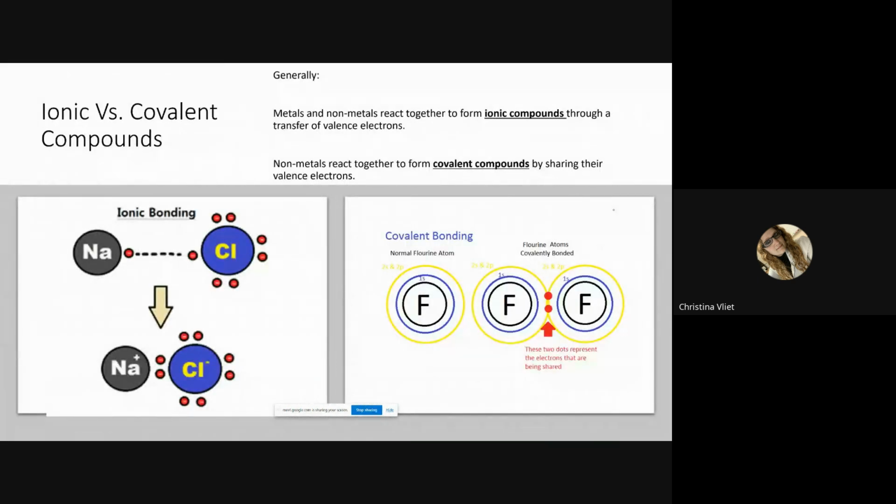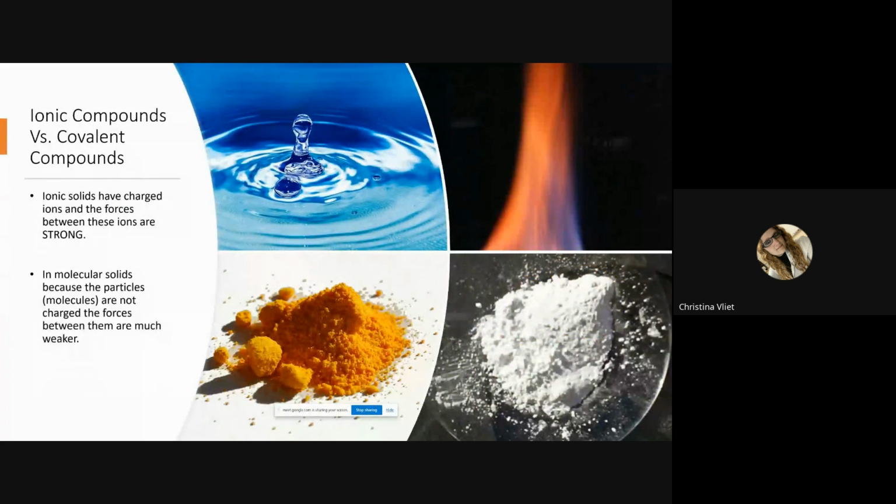So I already said this, but it's important to also note there are some more differences between ionic and covalent compounds. In ionic solids, because all of your particles are charged, positives and negatives attract, so the forces between these ions are strong.